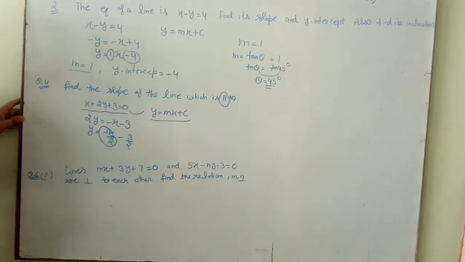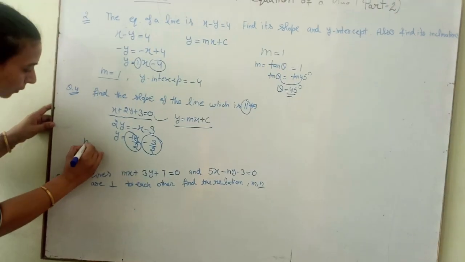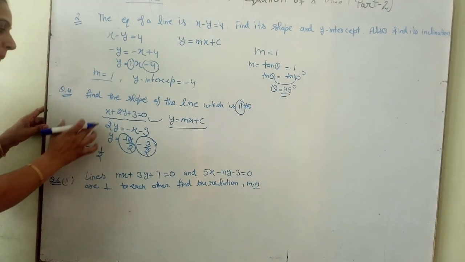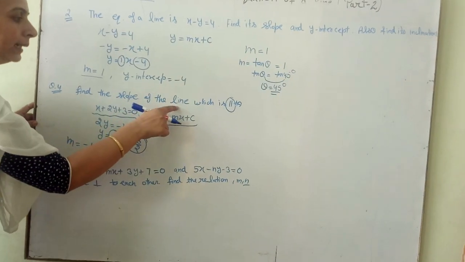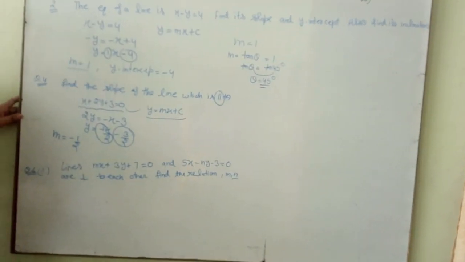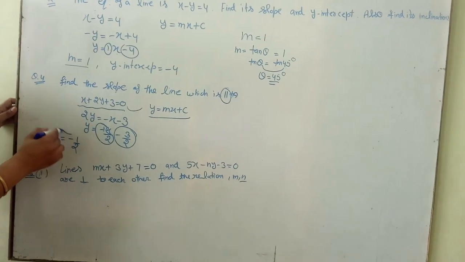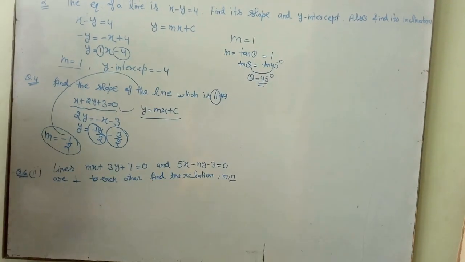This is our slope, and minus 3 by 2 is the y-intercept. Slope of this line is minus 1 by 2, and the slope of the line parallel to this line is also minus 1 by 2, because if two lines are parallel, then their slopes are equal. So the slope of the required line is m equal to minus 1 by 2.